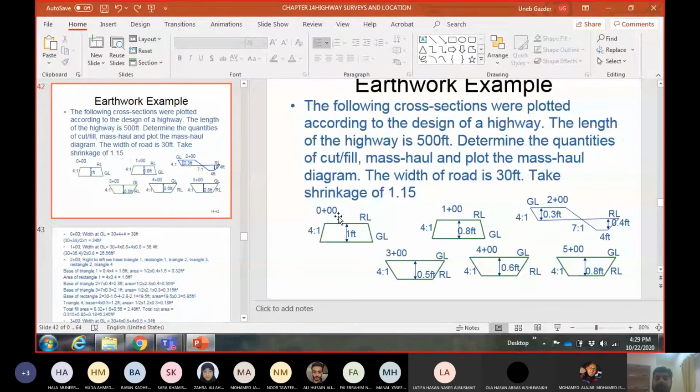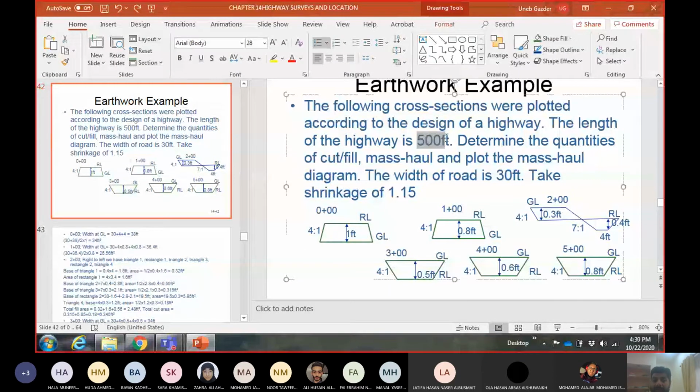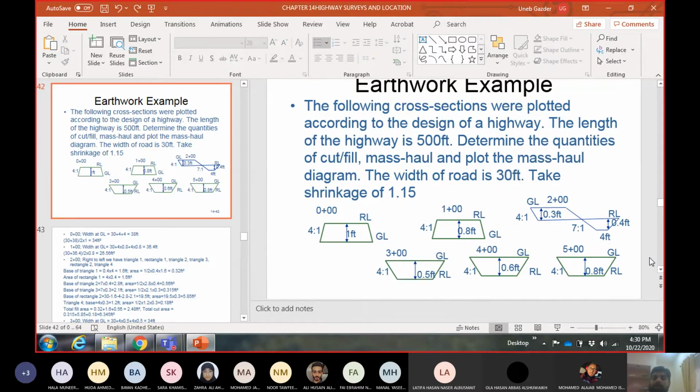The length of the highway is 500 feet. So we will have station 1, 2, 3, 4, 5, and then the first station. So six cross sections, each at a different station, starting from the first one. The width of the road is 30 feet for the whole project. The width of the road is normally constant throughout the project.